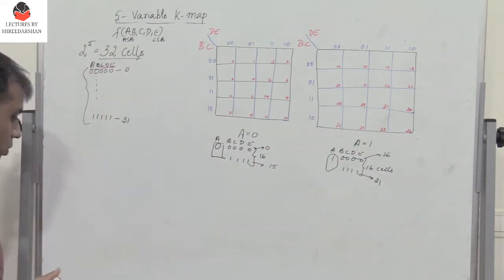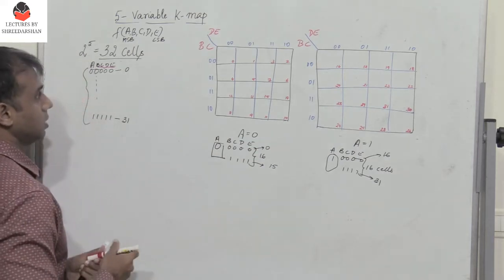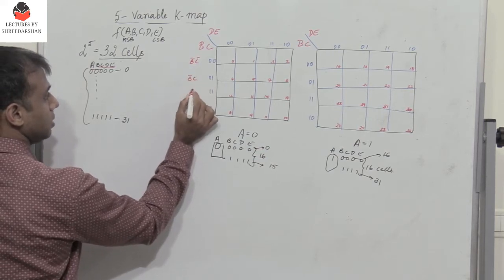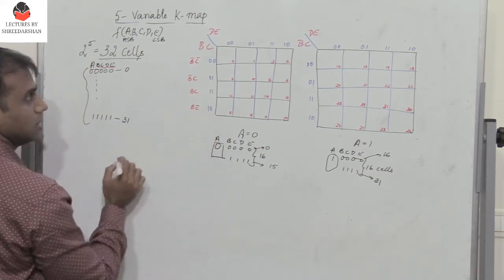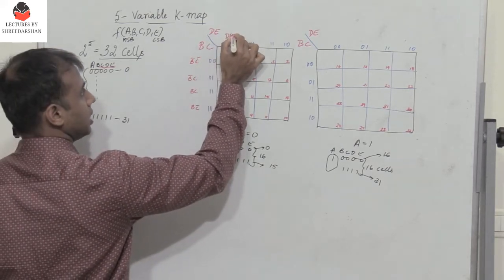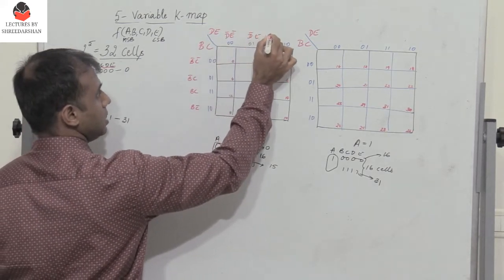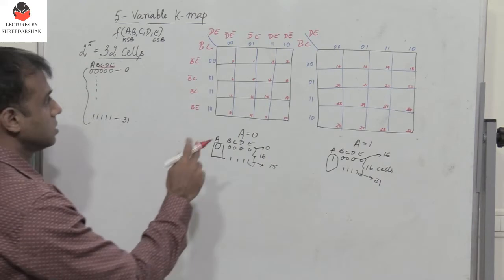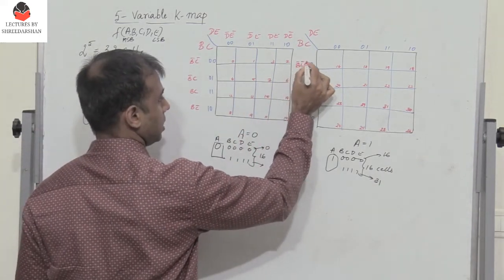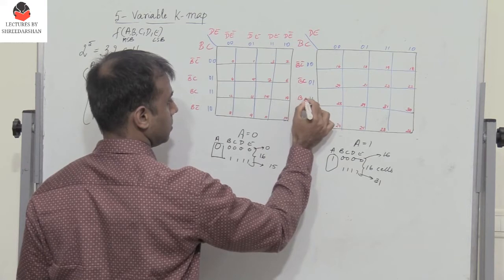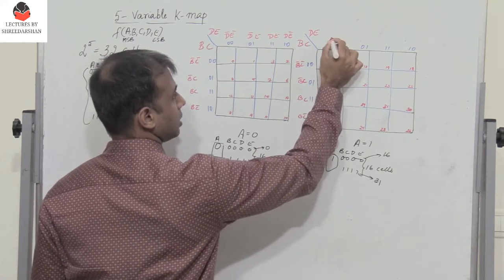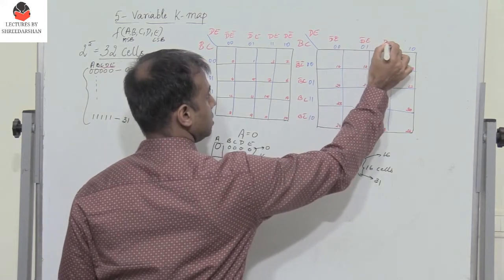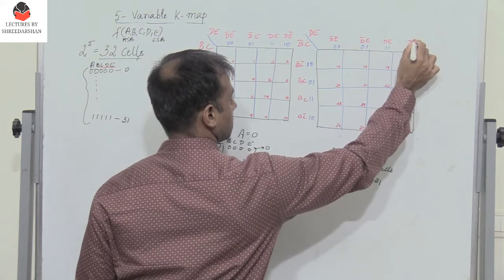So this is going to be B bar C bar, B bar C, B C, B C bar, and again D bar E bar, D bar E, D E, D E bar. And similarly here this also would be B bar C bar, B bar C, B C, B C bar, and D bar E bar, D bar E, D E, and then D E bar.